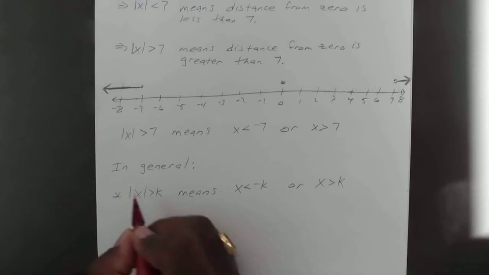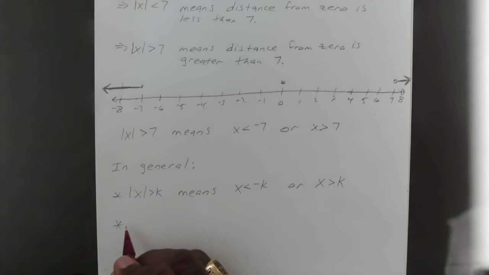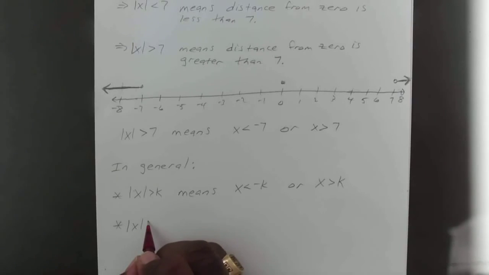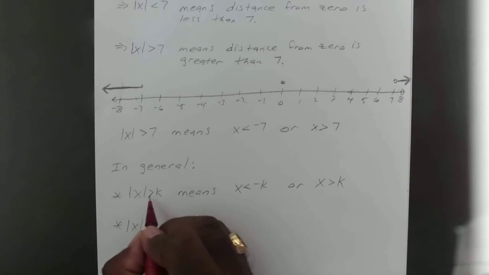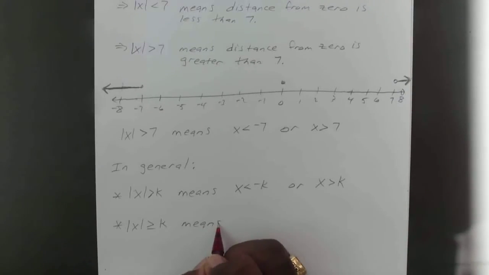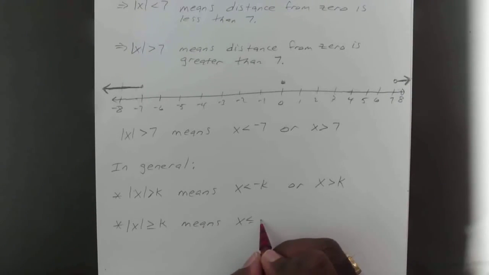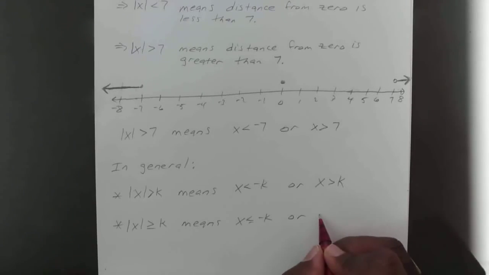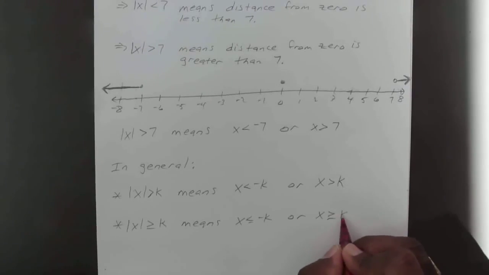Or if we wanted to use greater than or equal to, it would be the same thing. Absolute value of x is greater than or equal to k means x is less than or equal to -k or x is greater than or equal to k.